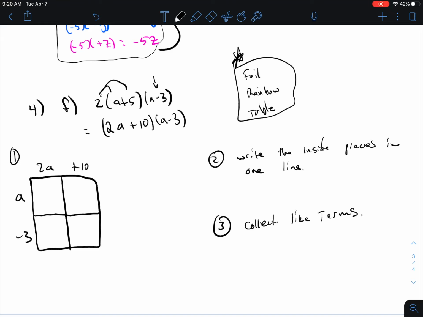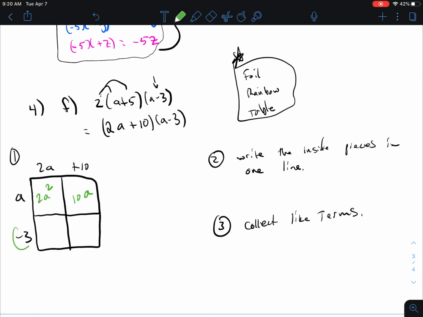Now we're good to do the actual steps here. So let's go to step 1. Step 1 is fill the inside in. So a, I'll do it in a different color. a multiplied by 2a is going to be 2a squared. And then a multiplied by 10 is going to be 10a.